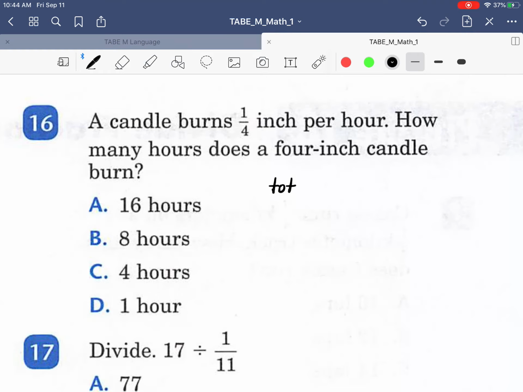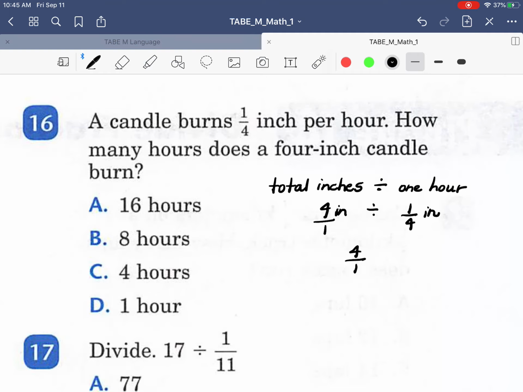So I take the total number of inches and divide that by how much I lose in 1 hour. So total is 4. You have a 4-inch candle, and 1/4 of that inch goes every hour. So there is our division problem.